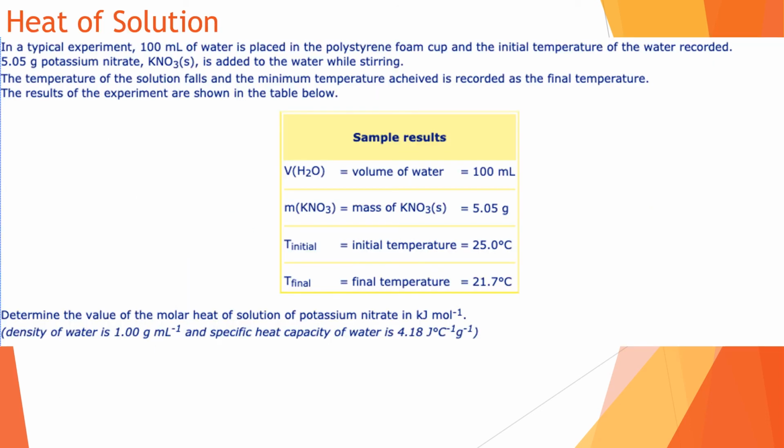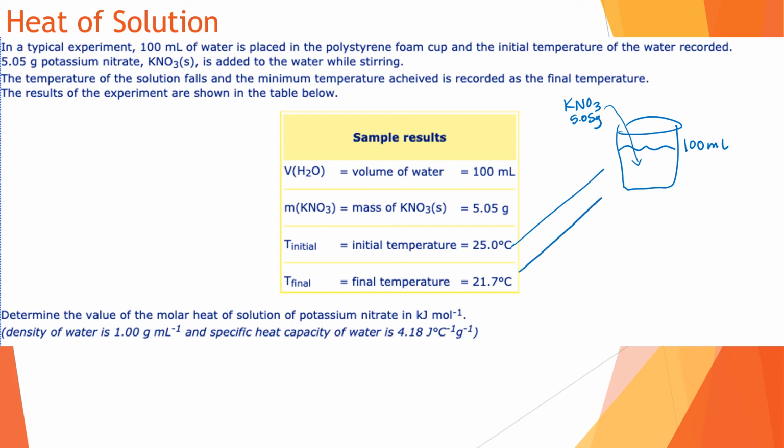Okay, so what we have here is an experimental setup similar to what we would do in class. We have a calorimeter, we have 100 milliliters of water, and it has an initial temperature of 25. We add in 5.05 grams of potassium nitrate. We stir it, and if you look, the final temperature is 21.7.